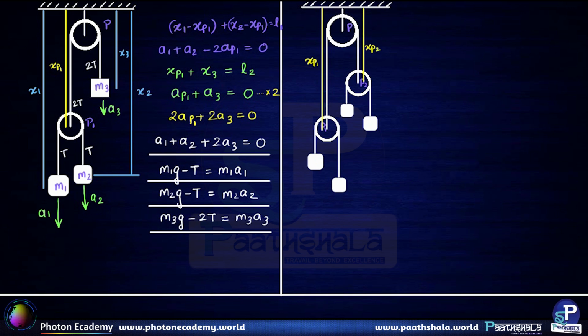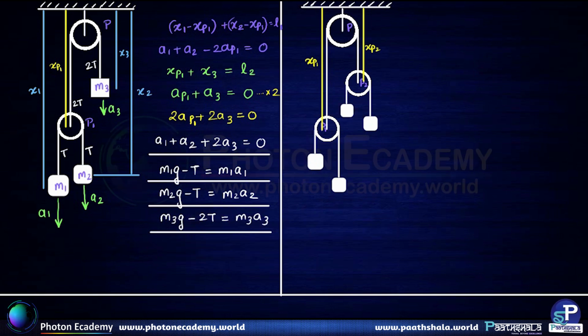Now all the masses, the distance of all the masses from the rigid support is labeled according to the labeling of the masses. So the masses are M1, M2, M3, M4. So these are the four masses.